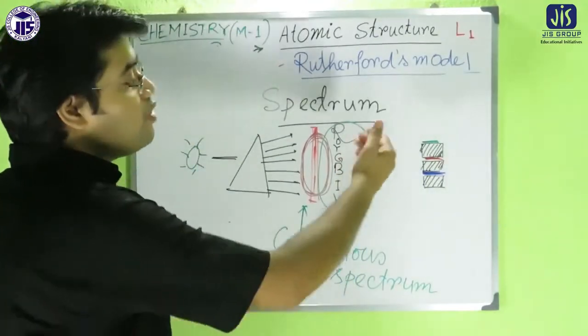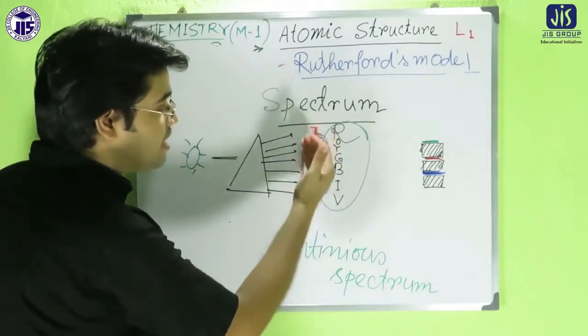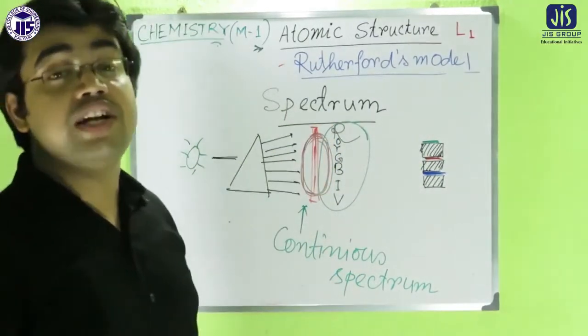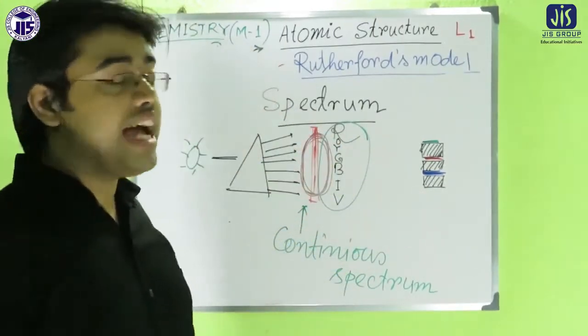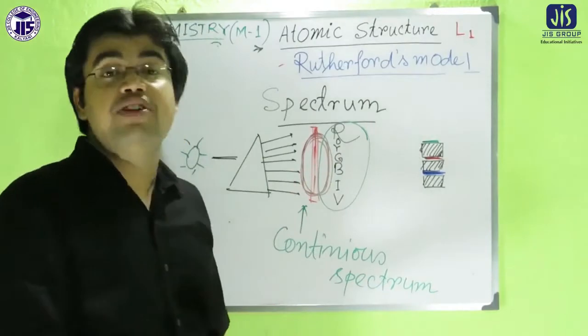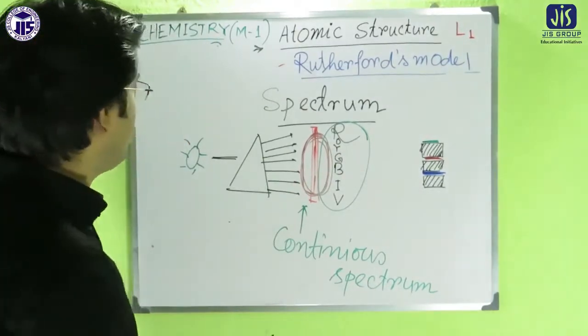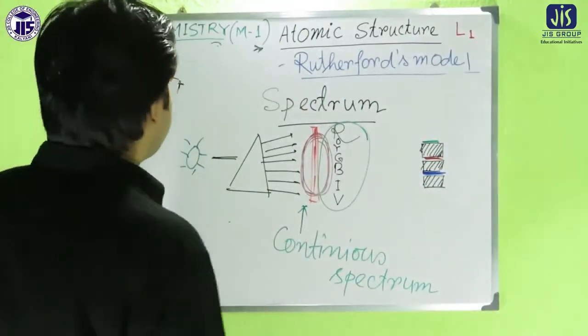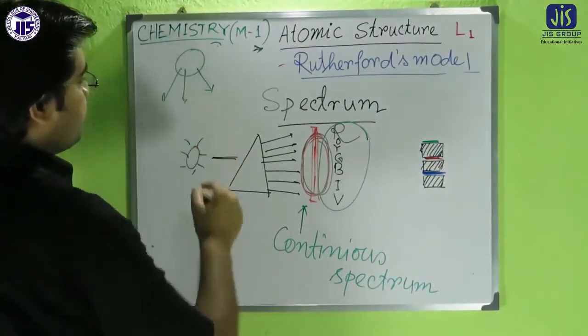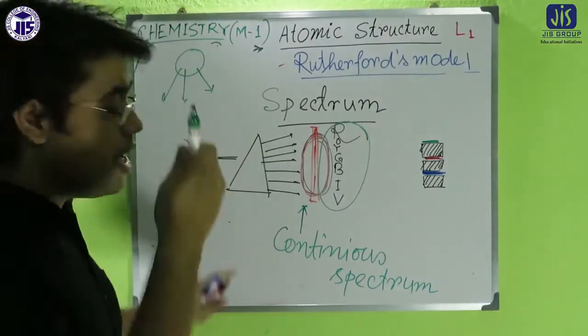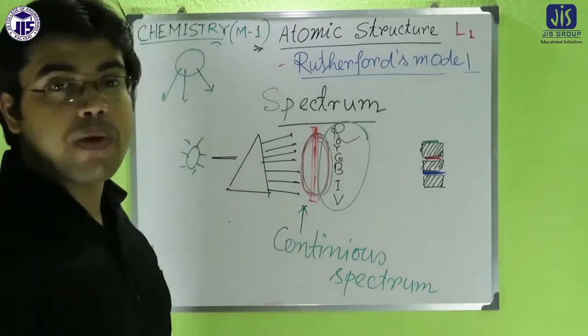Why do we get lines here, and why do we get a band of colors? What is the difference between the two? Why is one discontinuous and the other continuous? Both continuous and discontinuous spectra are emission spectra. Why is it called an emission spectrum? Because the source emits the radiation, that's why we get the spectra.